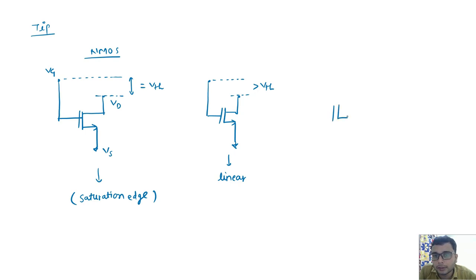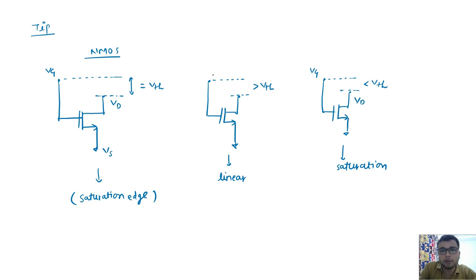And when this gap is less than VTH, your transistor is in saturation. So the condition in case of NMOS is that the gate voltage can maximum go 1 VT up of drain voltage. If it goes more than that, your transistor will be forced into linear, and that is not desired for an amplifier. So this concept we will use thoroughly when calculating the swing for any structure.